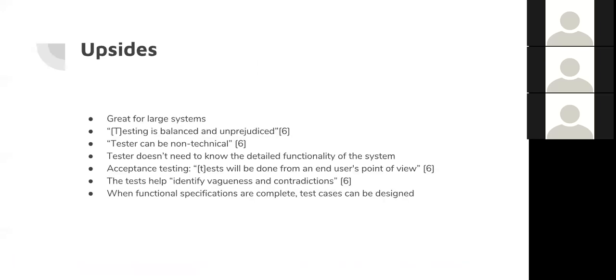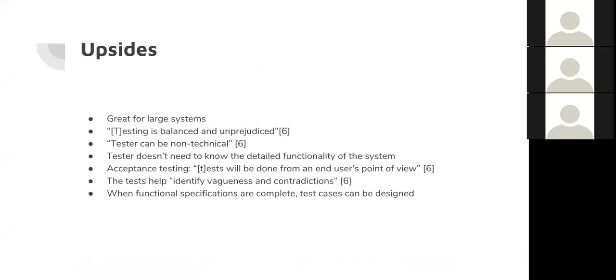So the general upsides for black box testing: it's great for large systems because the tester and the developer are independent of each other. Then you can get very balanced and unprejudiced testing. That way, the tester can be non-technical. They don't even have to know any part of the code.